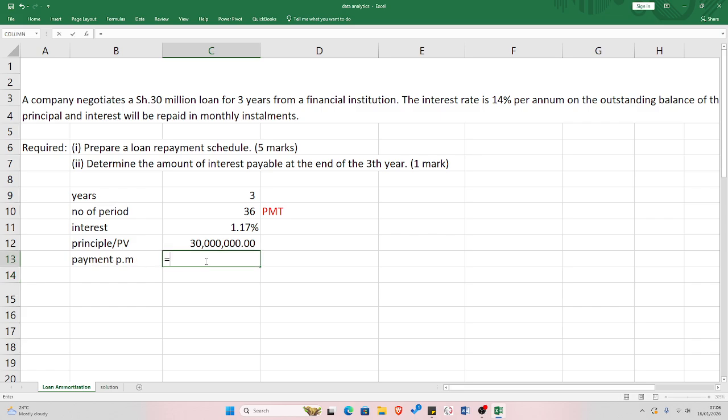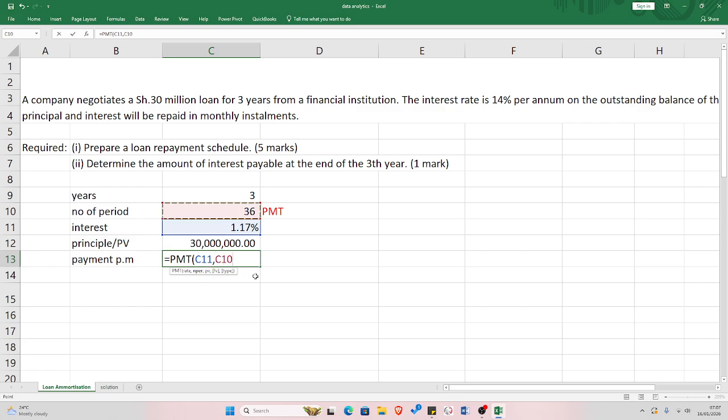To find the amount I'm supposed to be paying, we use the formula: equals PMT. It will ask us about the rate. The interest rate is 1.17. Then you have the comma, and it will ask you for the number of periods, NPER.